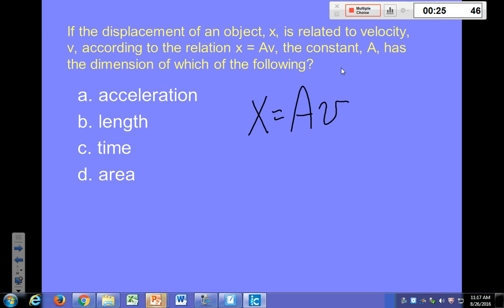What are the dimensions of that constant a? A is not area or acceleration necessarily, but what are the dimensions of a? It could be area or acceleration, but not necessarily, not just.